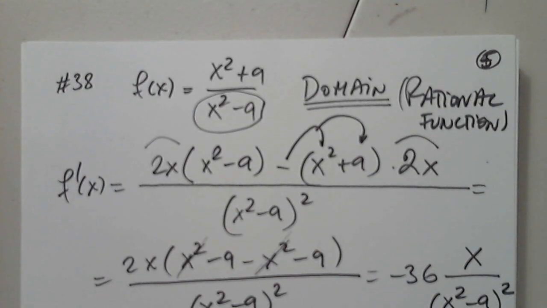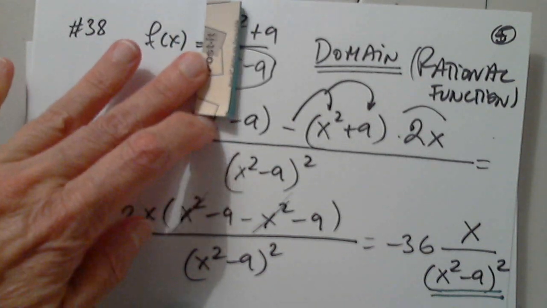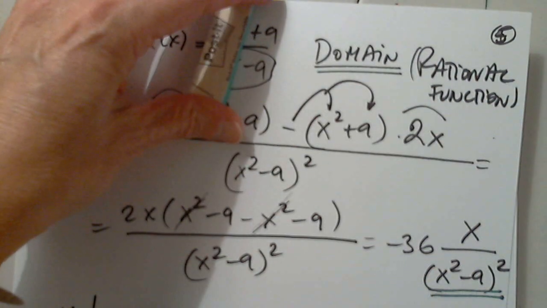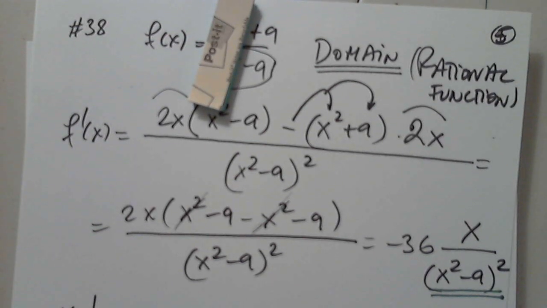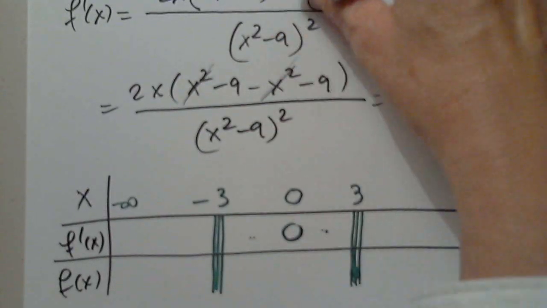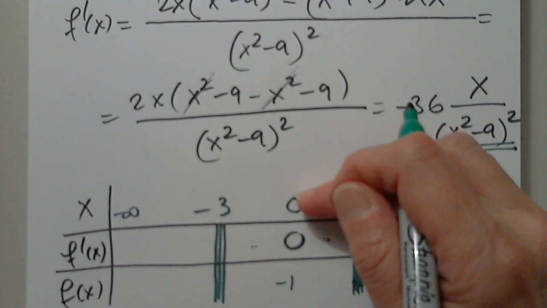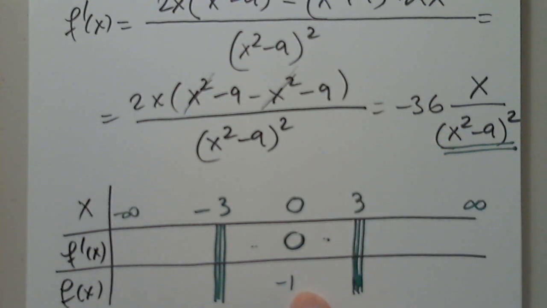When I plug in 0, what is the function value at 0? The function value at 0 is -1. So I already have the point in discussion. There is only one point in discussion, and that is 0, -1.